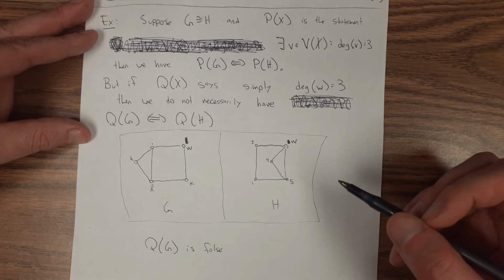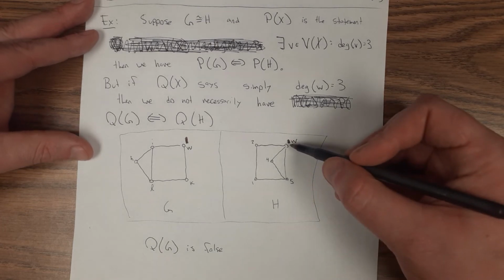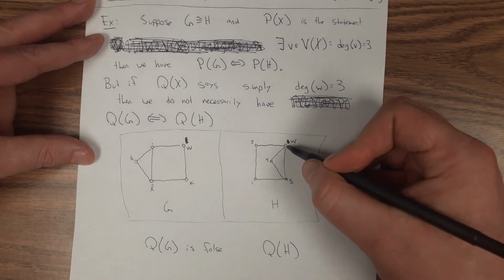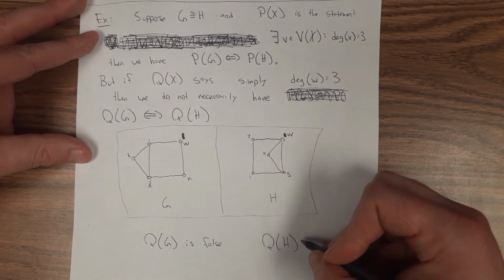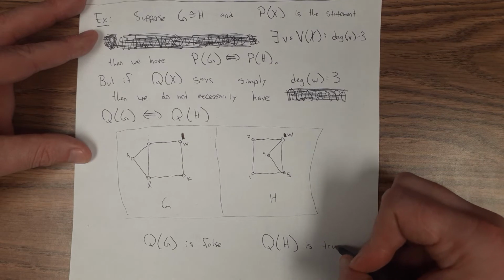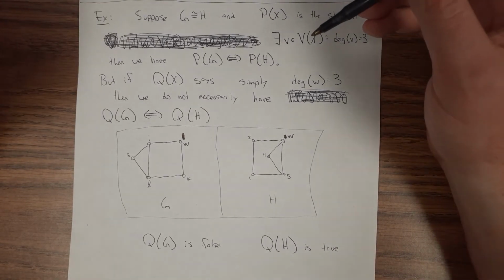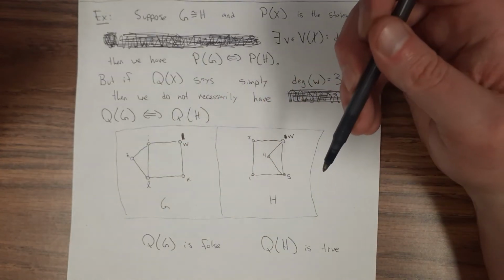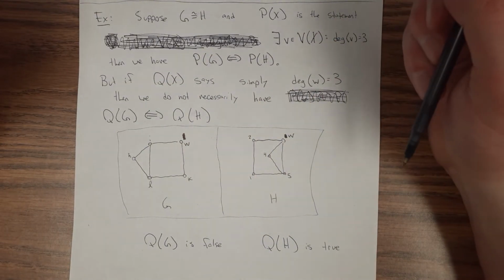H also has a vertex whose name is W, and it does have degree 3. So, right, we really don't have Q of G if and only if Q of H. One of them's true, the other one's false.